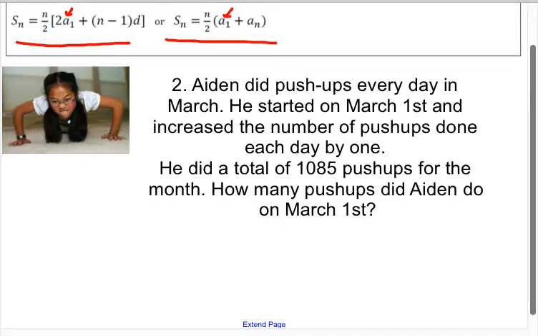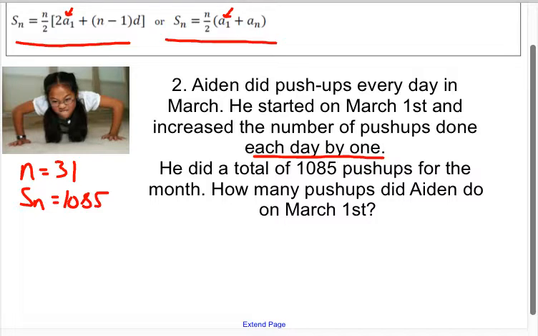So we need to talk about what we know. March, first of all, is going to give us the number of days. There are 31 days in March. I don't know a sub 1, that's what I'm looking for. I know S sub n. I know the sum of all these push-ups is 1,085. What else do I know here? He increased the number of push-ups done each day by 1.